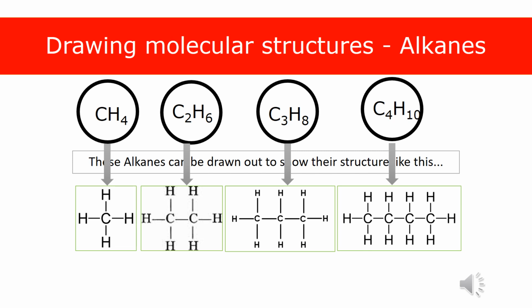Propane, you have 3 carbon atoms which are covalently bonded with 8 hydrogen atoms. And butane, you have 4 carbon atoms which are covalently bonded to 10 hydrogen atoms. So these alkanes can be drawn out to show their structures like how it's shown on this slide over here.